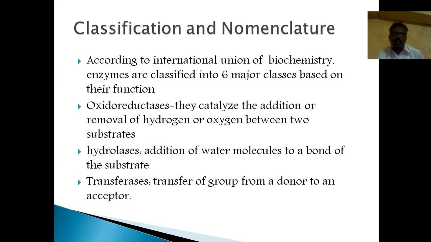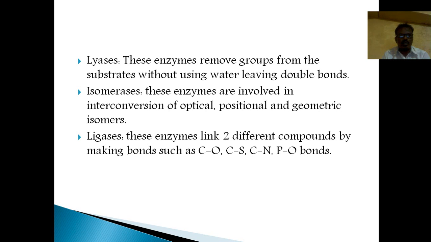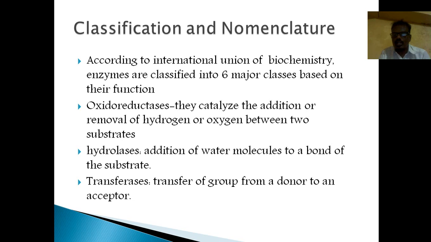According to the International Union of Biochemistry, enzymes are classified into 6 major classes based on their functions: oxidoreductases, hydrolases, transferases, lyases, isomerases, and ligases. So this is how enzymes can be classified.